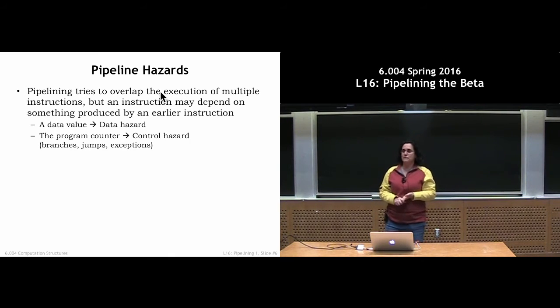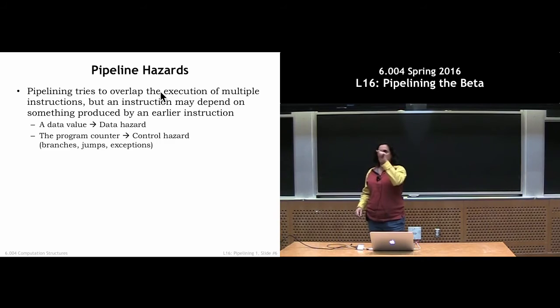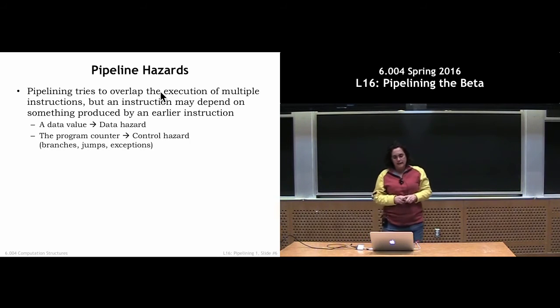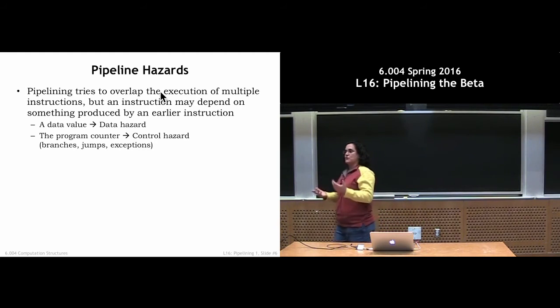The second type of issue has to do with the loop back arrow that we saw going back into the register file. The second place where we went back in our beta architecture has to do with the program counter and changing the sequence of operations to be something other than going to the next instruction. For example, suppose that I have a branch instruction.